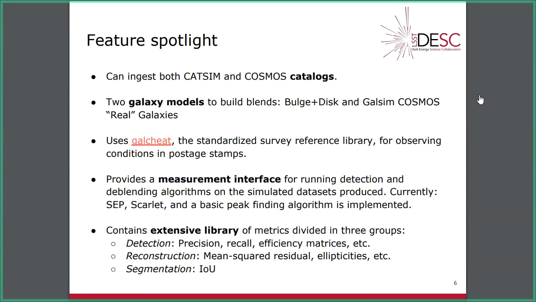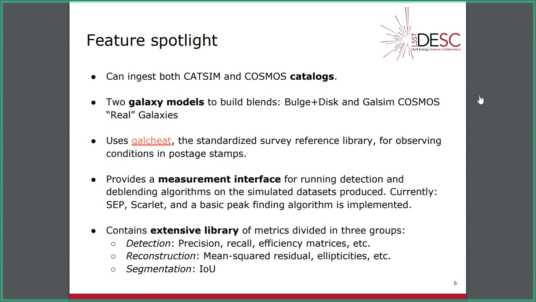Some very quick highlights and features that are in BTK. We can ingest CATSIM-like catalogs and COSMOS catalogs. And in the future, we'll also be able to ingest CosmoDC2 catalogs as well. There are two galaxy models. There's a bulge plus disk model, and there's a Galsim COSMOS real galaxy model that one of my collaborators, Maxime, implemented.